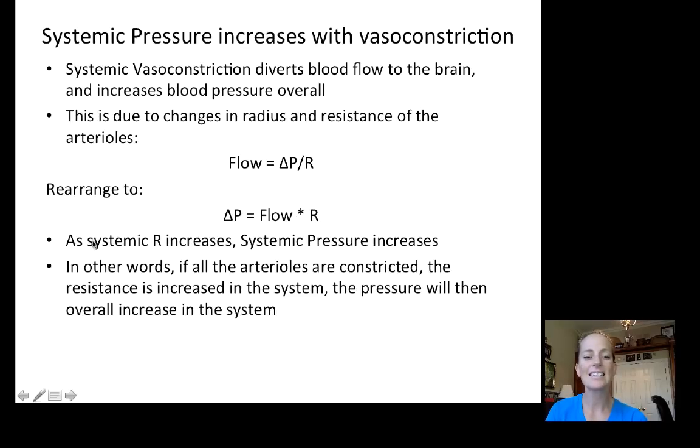So as the systemic whole body resistance increases, then the systemic whole body pressure will increase. In other words, if all of the arterioles in the whole system are constricted by this extrinsic change through the sympathetic nervous system, the pressure will then overall increase in the whole system.